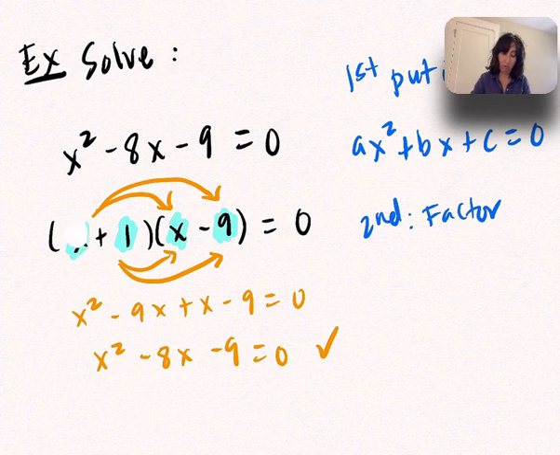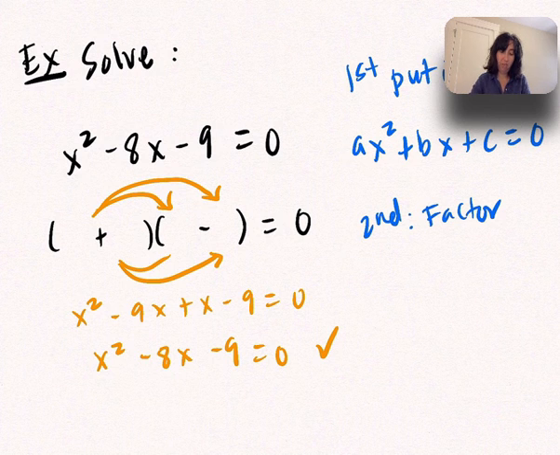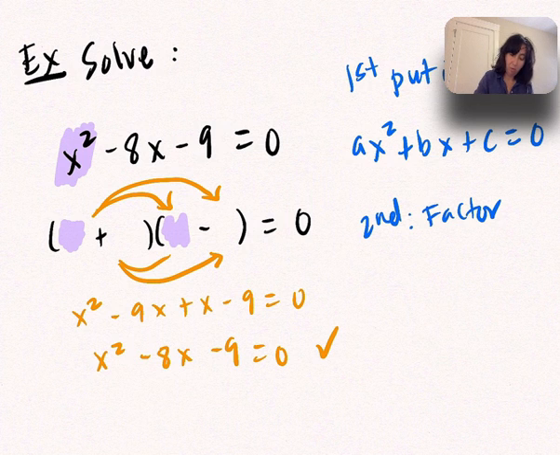So I'm going to erase what I have in these spots here and show you. What I do is I first look at this x squared. The two things that go in these 2 spots have to multiply together to give you x squared. So that tells me that I need to put an x and an x.